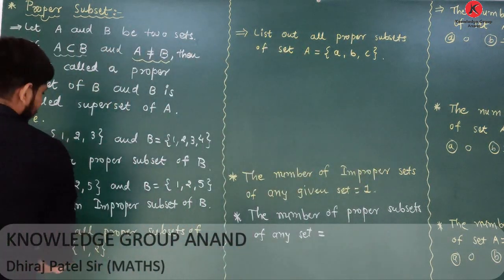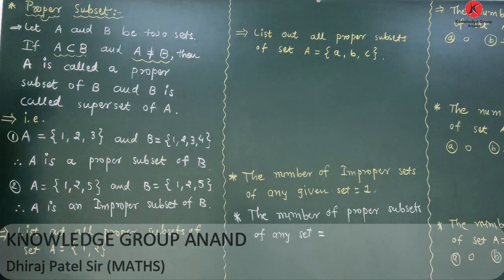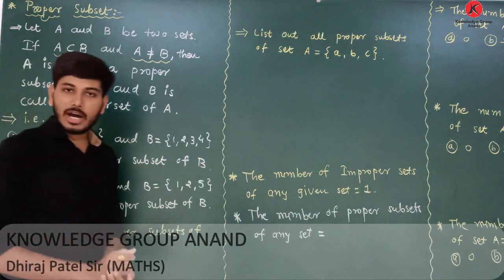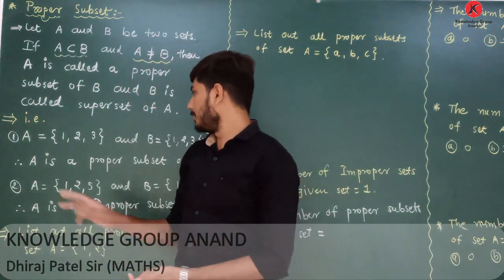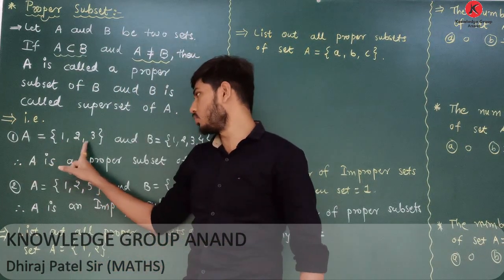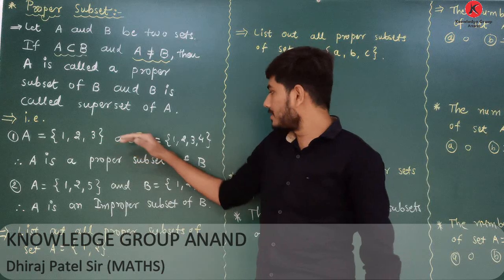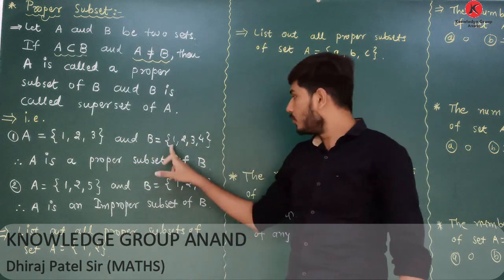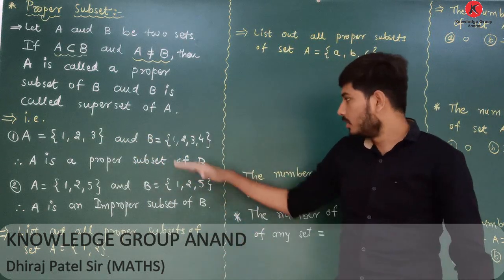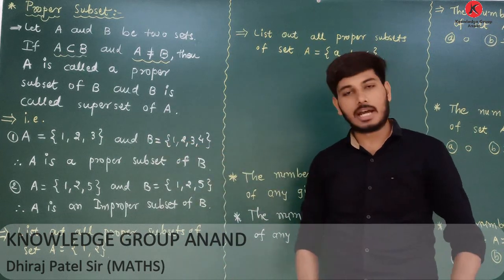For example, I am taking the first example, set A equals {1, 2, 3}. Here three elements of set A, 1, 2 and 3, are there. And set B equals {1, 2, 3, 4}. Four elements of set B are there.